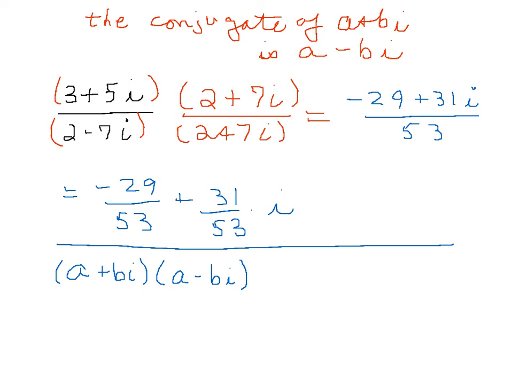This is of the form x plus y times x minus y, and when you multiply you get x squared minus y squared, and so when you multiply this out you're going to get a squared minus b squared i squared, which is the same as a squared plus b squared. And so when you multiply by the conjugate, it eliminates the i term. Alright, so that's the importance of multiplying top and bottom by the conjugate of the bottom.